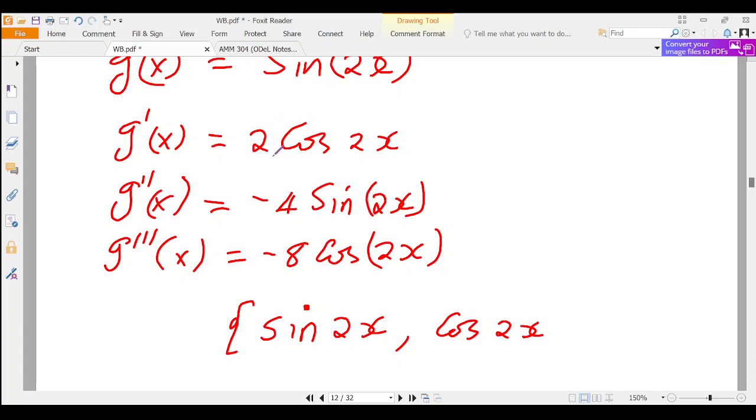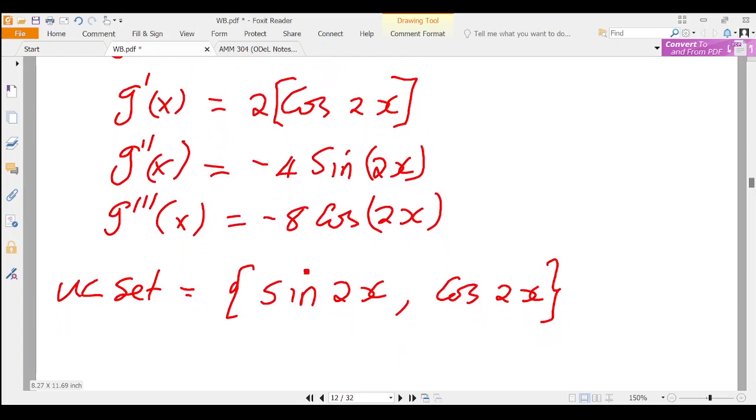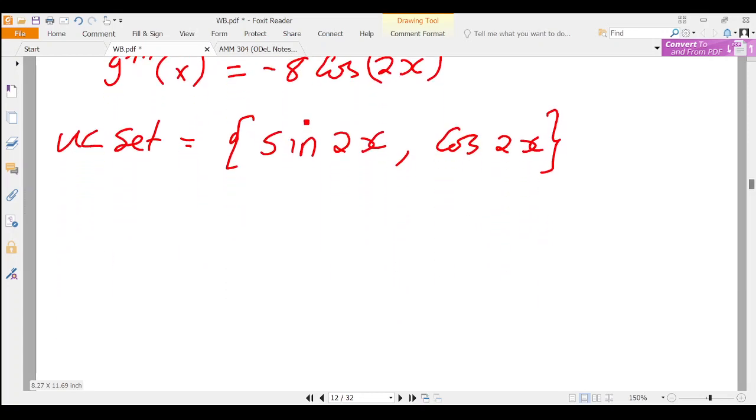The function we identify here is cosine of 2x. The next one is the sine, which we already have here. Then the cosine, which we have here. So we see that there are two functions. So this forms the UC set: sine of 2x and cosine of 2x.